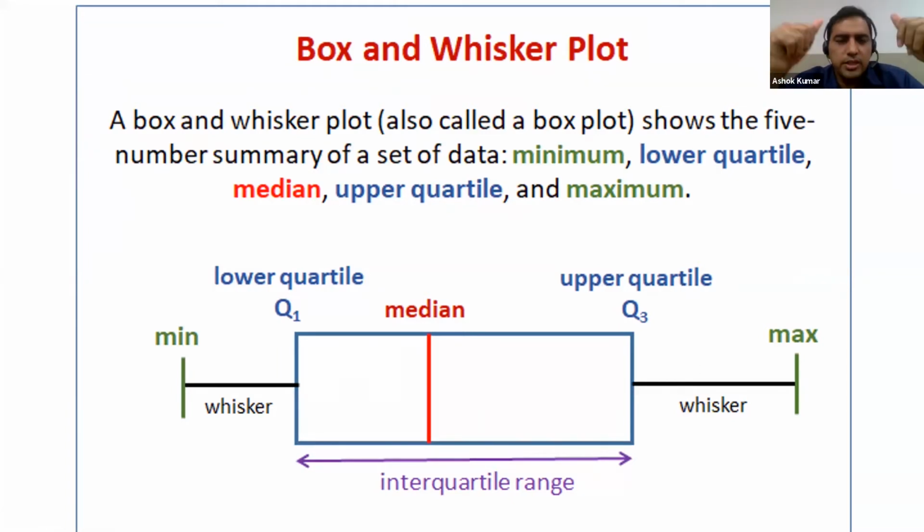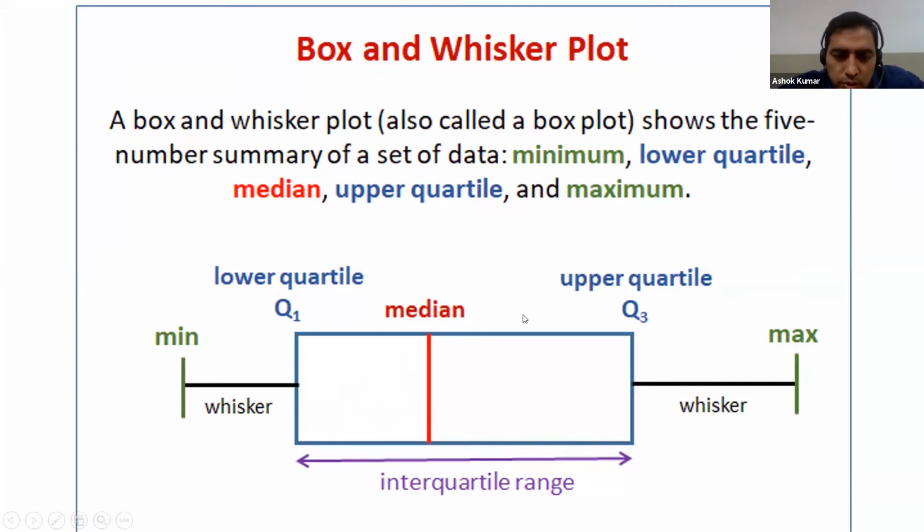You can see here a horizontal box and whisker plot, and you can also get a vertical one. There is no problem. This red line may be here, or here, or here. It is called the median. The dark line is the median. This is the complete box. This is quartile 1 and this is quartile 3.